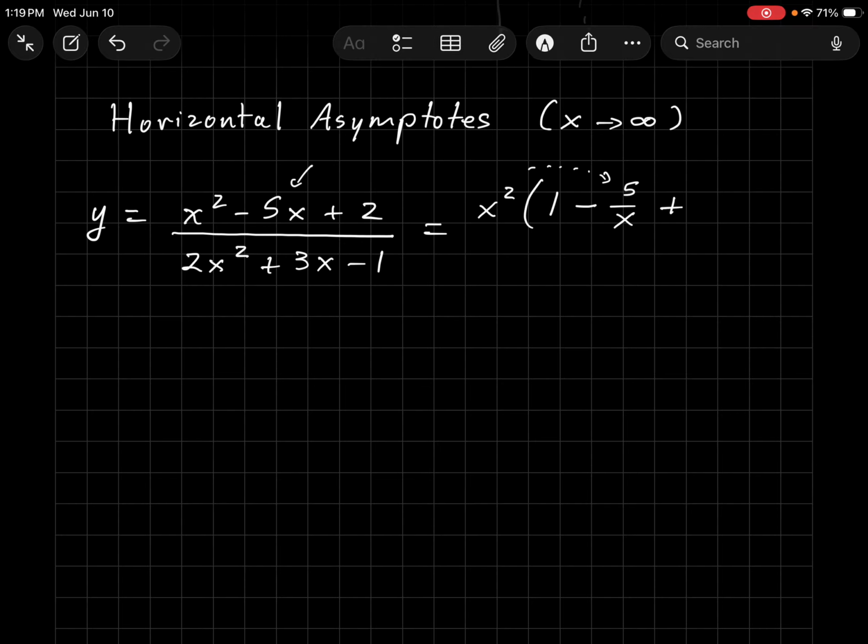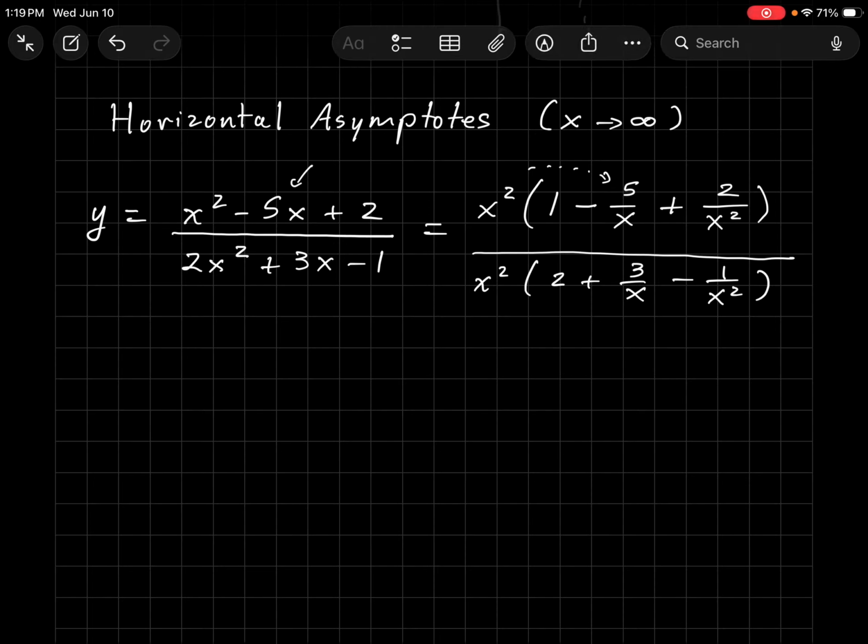And then if I factor out an x squared out of the 2, we get 2 over x squared. Let's do the same thing in the bottom. The highest power in the denominator also happens to be x squared. So if I factor that out, I get 2 plus 3 over x minus 1 over x squared.